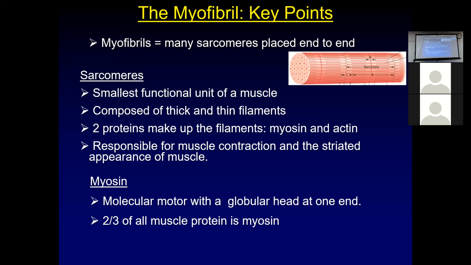Myosin is the structure that creates all movement generated by skeletal muscle. When you move, as you're writing, typing, or breathing, you're able to do that because your myosin interacts with actin, and the myosin pulls the actin, and that creates movement.